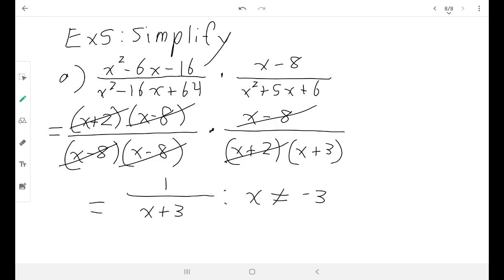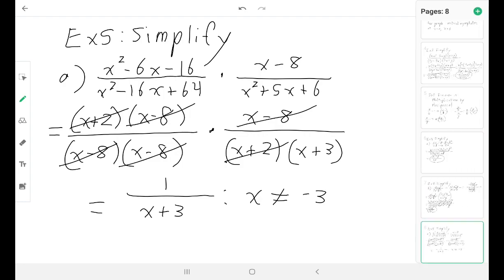All right, let's do part B then. And this is example 5. We're still simplifying.